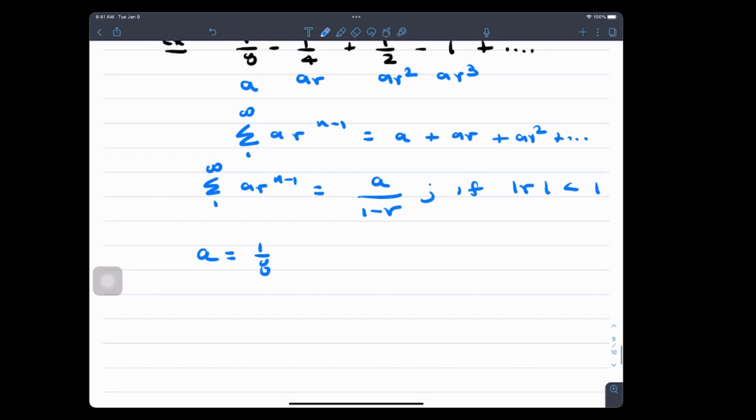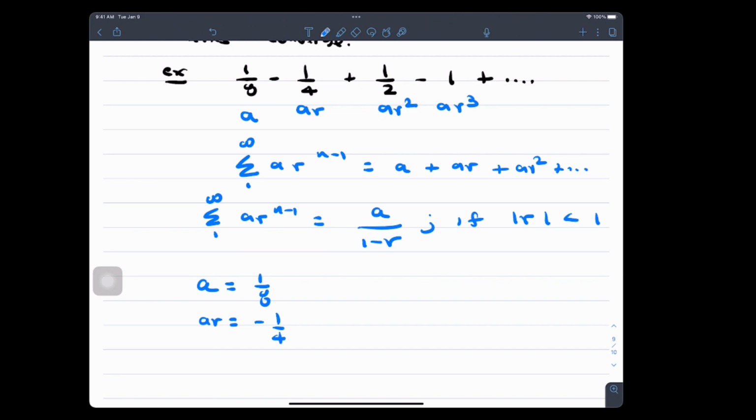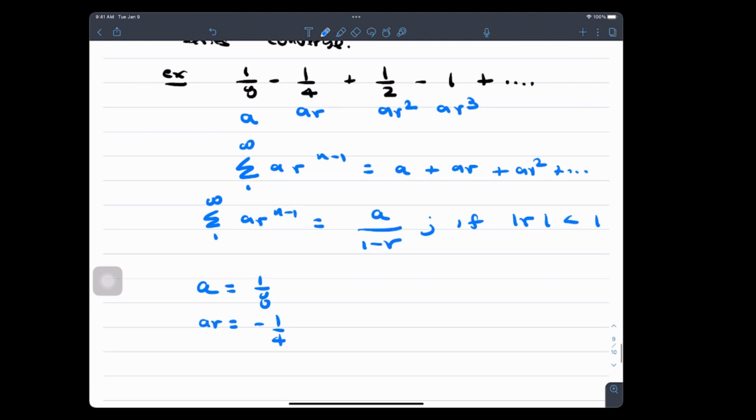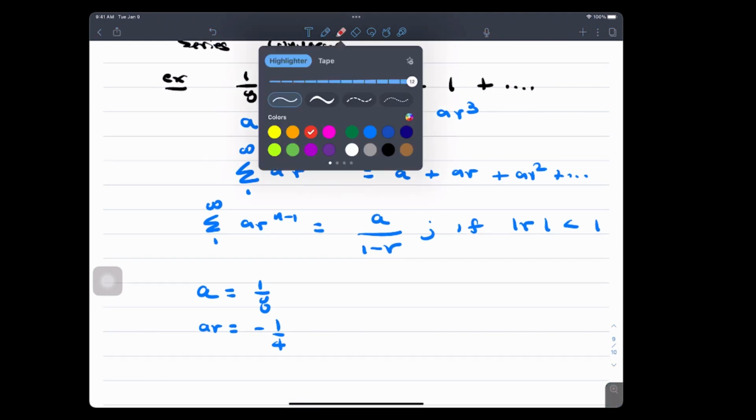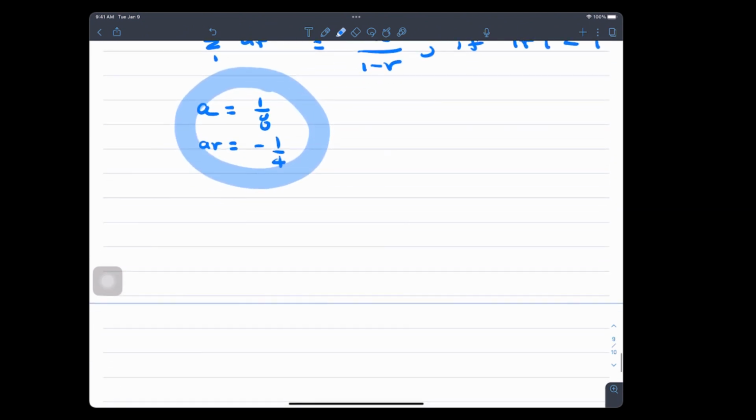Is that right? What does AR equal? Minus 1/4. Do you guys see that there? You're looking at the first two terms. Is that right?